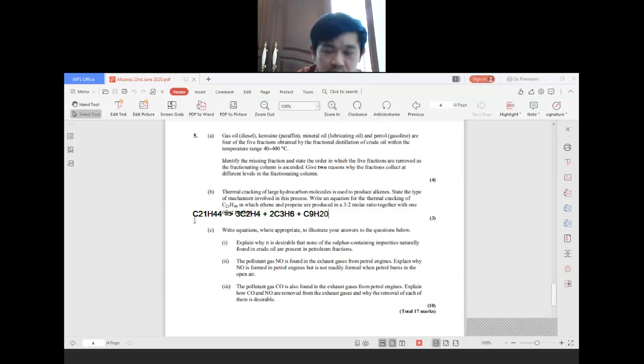Carbon monoxide and nitrogen monoxide are removed using a catalytic converter, in the presence of a palladium and platinum catalyst. The reaction is that nitrogen monoxide will undergo oxidation to form nitrogen dioxide, and then nitrogen dioxide reacts with water to form nitric acid.